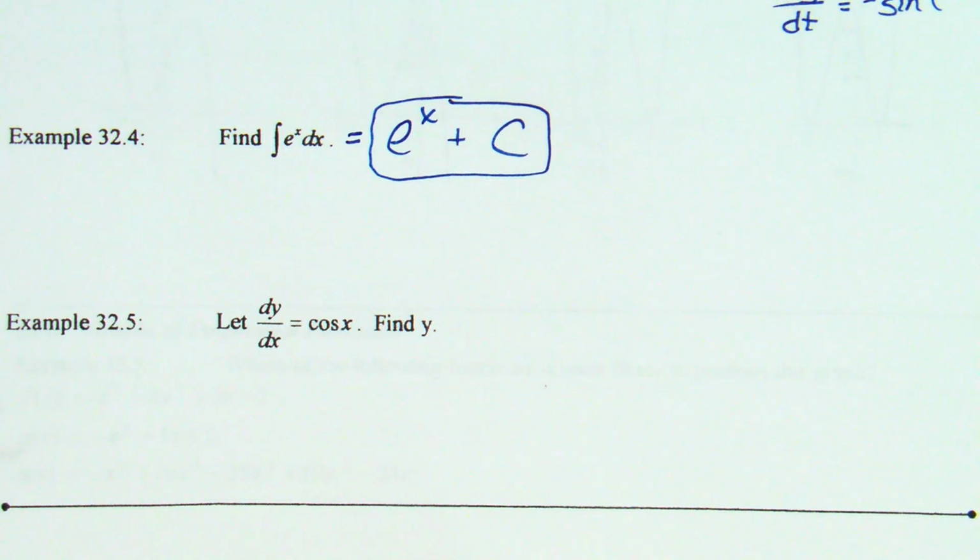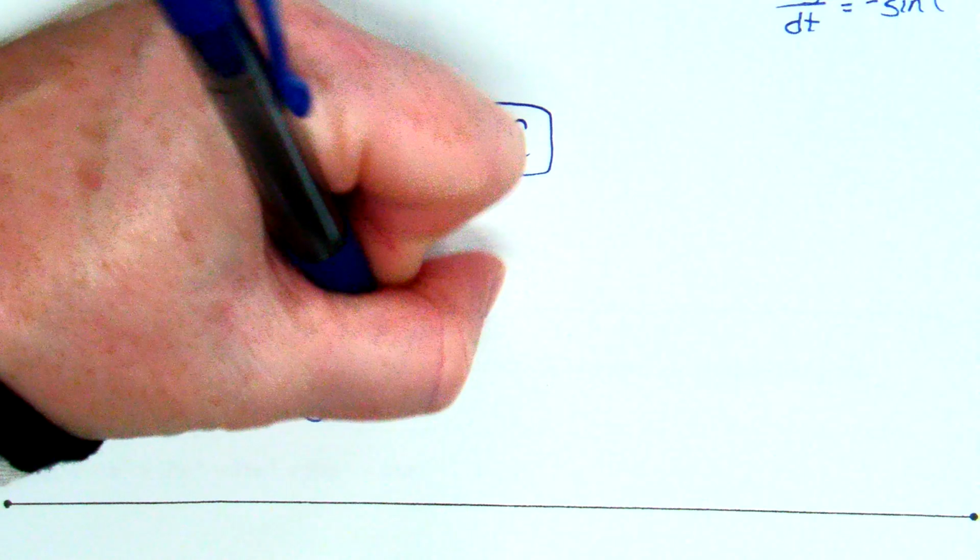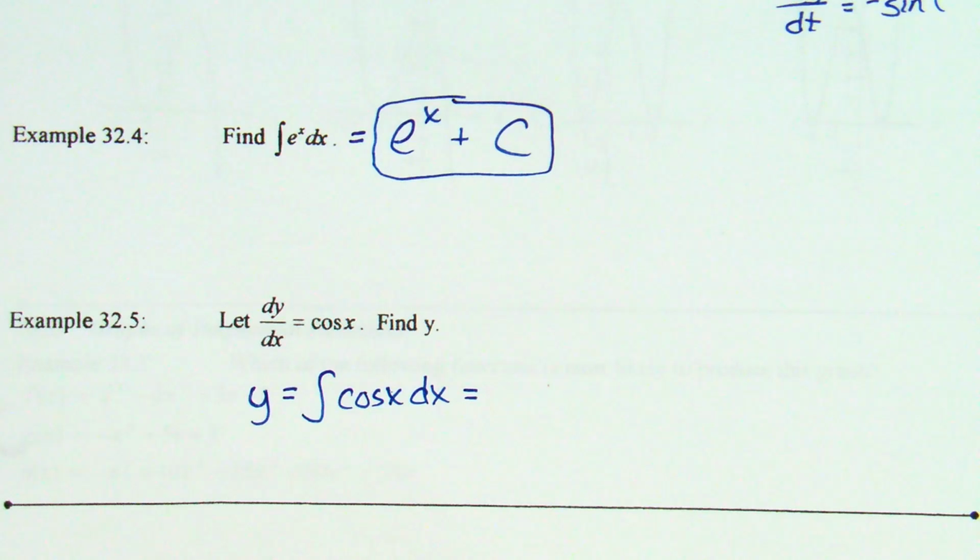The derivative. So what is y? The antiderivative. Okay, the original. Or in other words, they're asking us to do the integral of cosine x dx. Because cosine x is the derivative. So to go back and find the original, we need to work backwards and find the antiderivative.